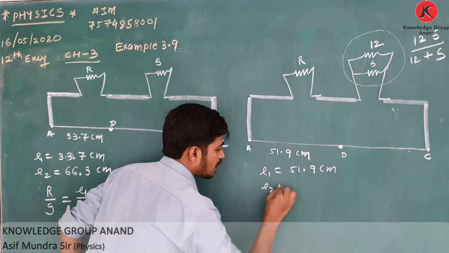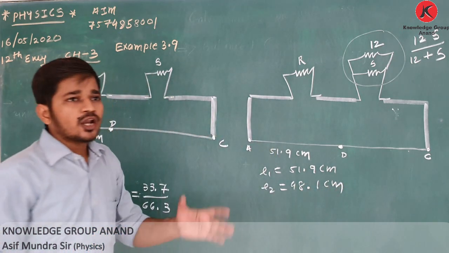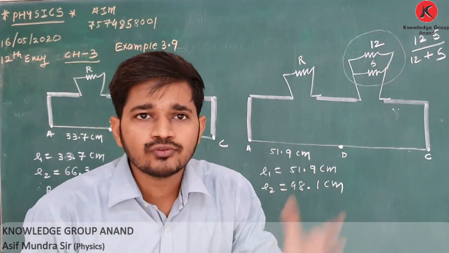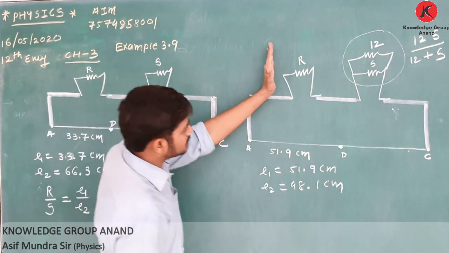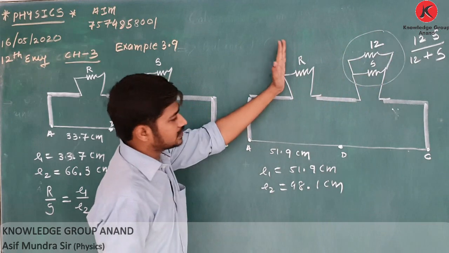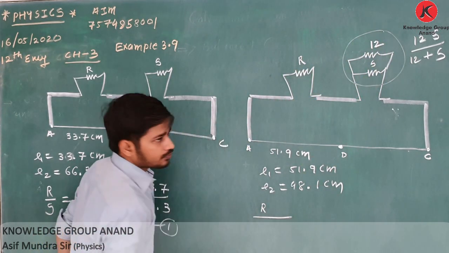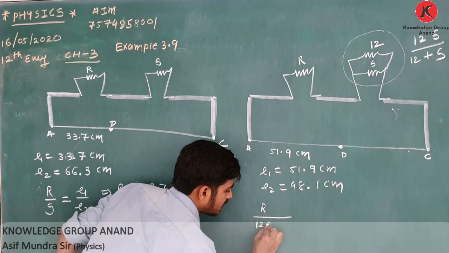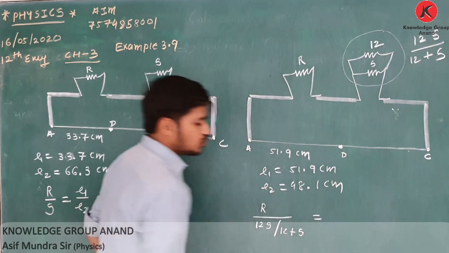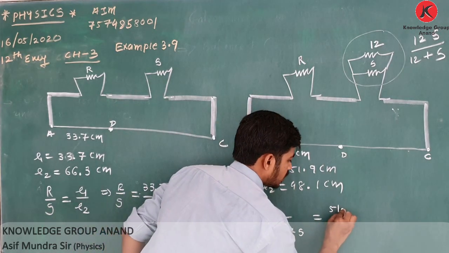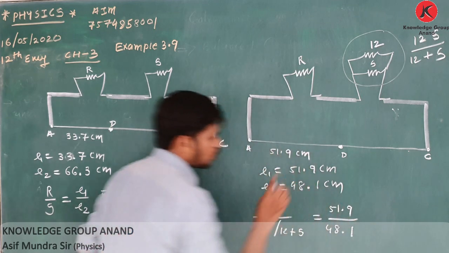So what is the value of L2? It is 48.1 centimeter. Now you have to use the formula that you have obtained: this resistance upon this resistance, meaning R upon 12S divided by 12 plus S is equal to 51.9 divided by 48.1.